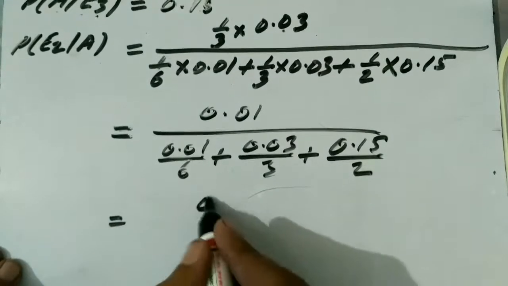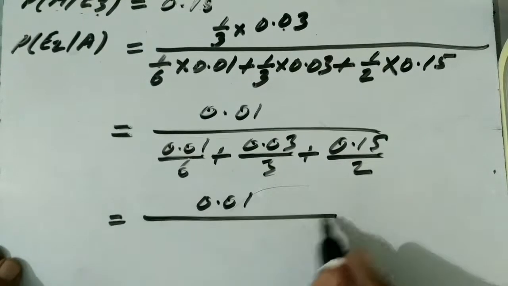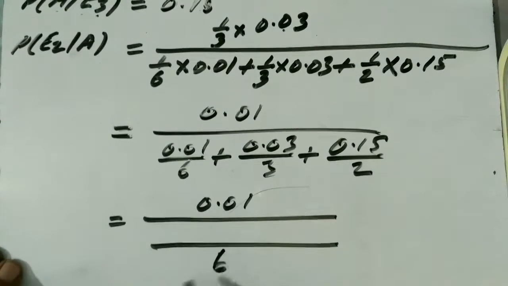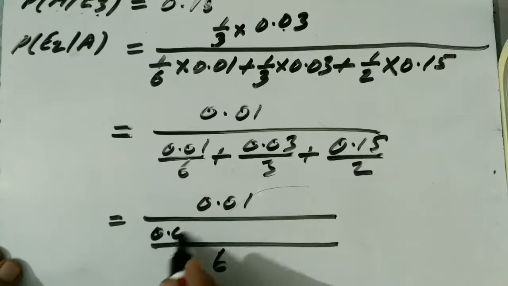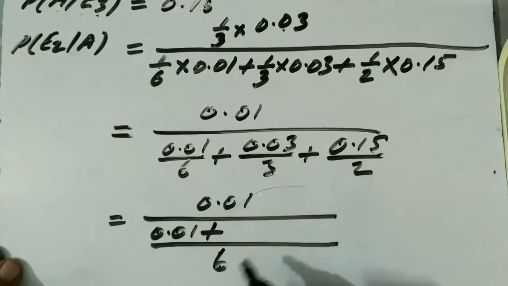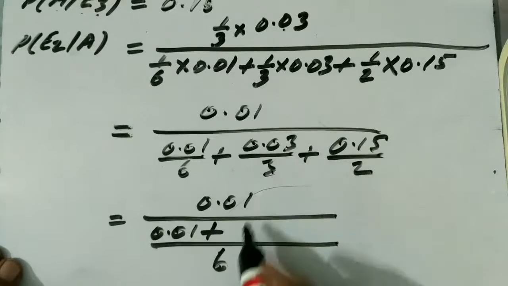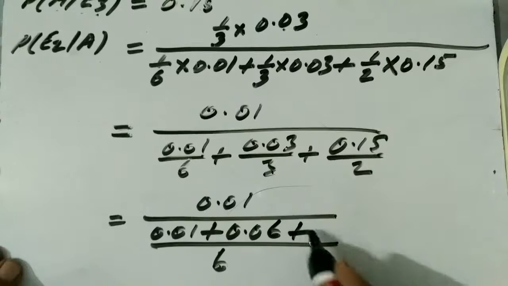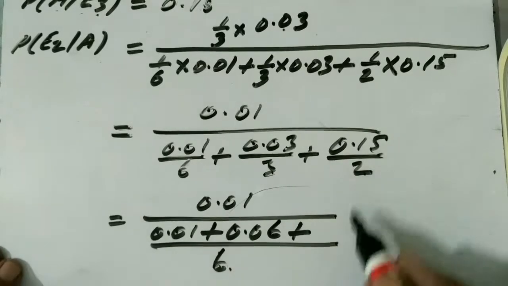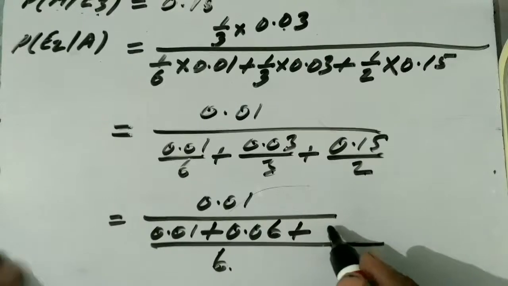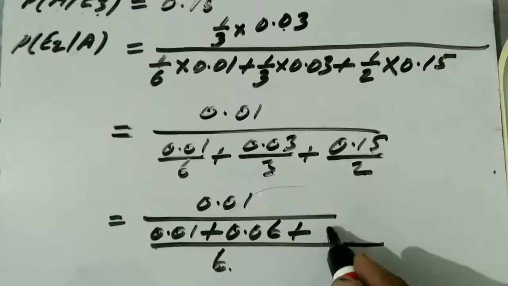Now in the denominator let us take the LCM, which is 6, and in the numerator we have 0.01 plus 0.06 plus, 3 into 0.15, that is 0.45.